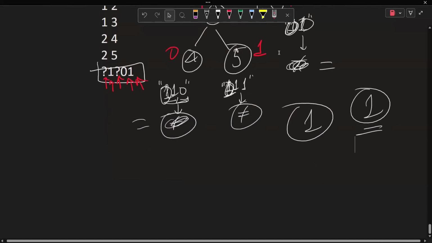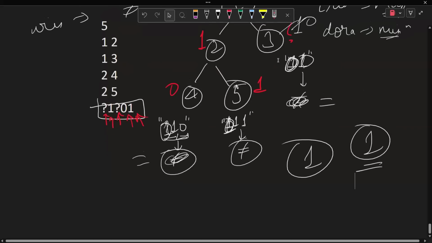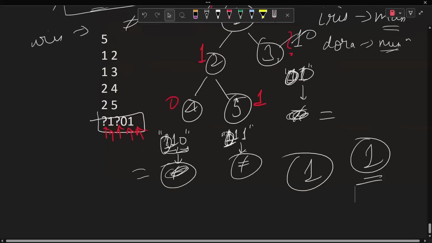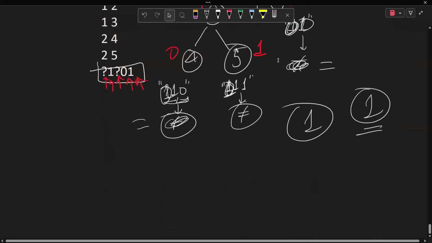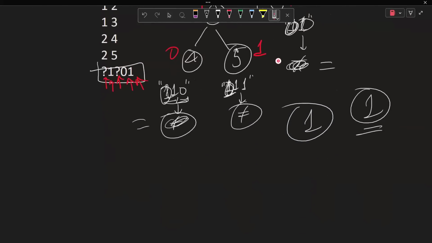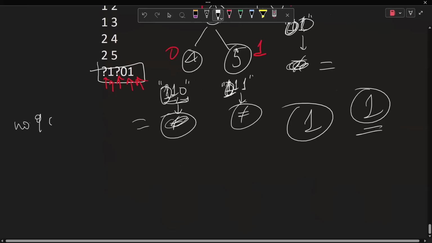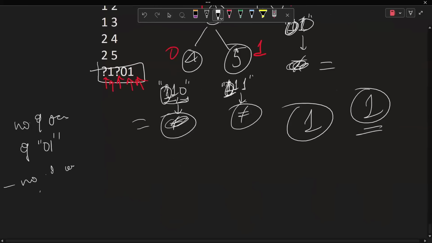But if you try to simplify this score calculation, then you would understand the problem becomes a lot easier. So what we can do here is, the weight is the number of occurrences of 0, 1 minus the number of occurrences of 1, 0.